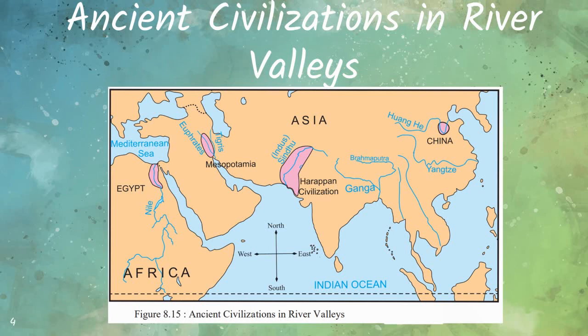As you can see, it's next to the rivers Euphrates and Tigris, and Egypt is next to the river Nile. In the Indus Valley region, we can find the river Indus, as well as the Huanghe River has the Chinese civilization.